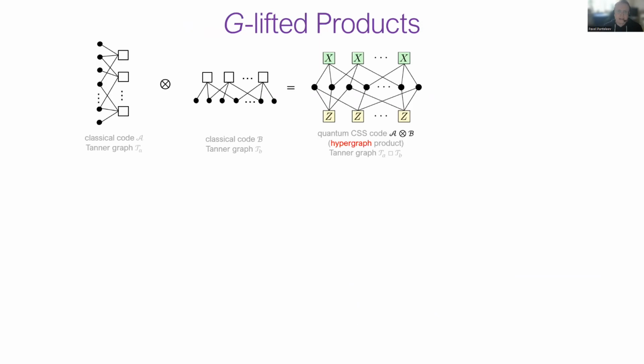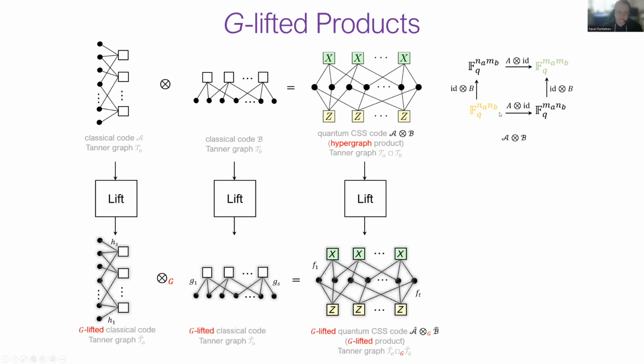Okay, now we have the lifted product construction for graphs, and we can apply it to codes. Suppose we have two classical codes defined by Tanner graphs, and we can apply the standard Cartesian product and obtain what is called the hypergraph product.